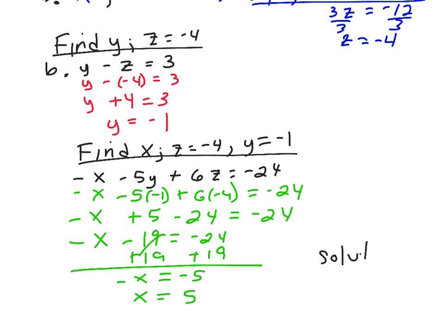So the solution is x is 5, y is negative 1, and z is negative 4. Remember x, y, and z. Okay, so that's it, and everybody have a good night.